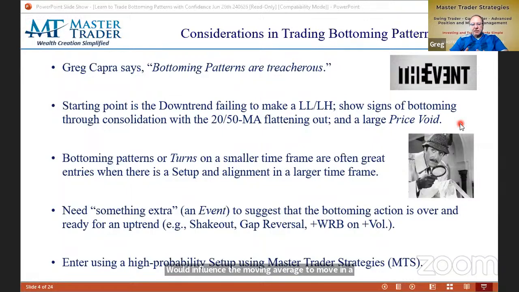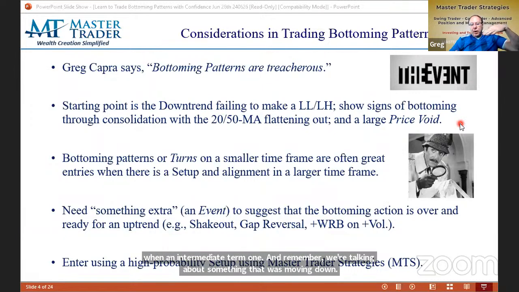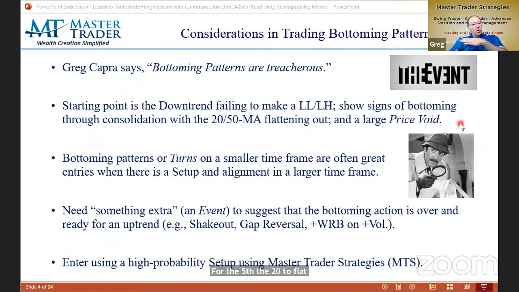By using these two moving averages, a relatively short one and an intermediate term one, and remember, we're talking about something that was moving down, for the 20 to flatten out wouldn't take too much time. But for the 50 to also flatten out with the 20 is going to require a longer period of consolidation.